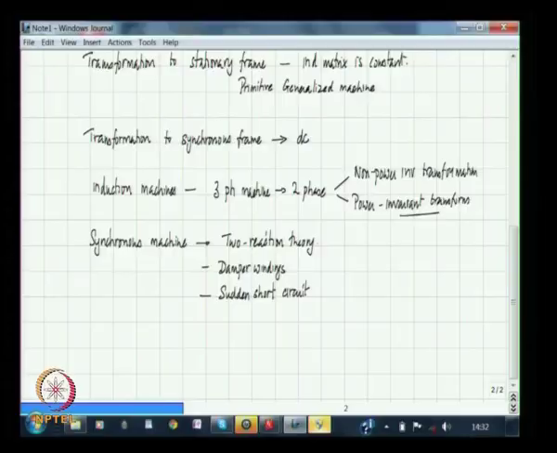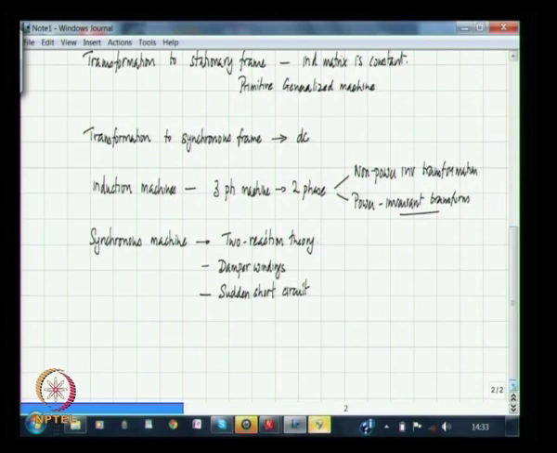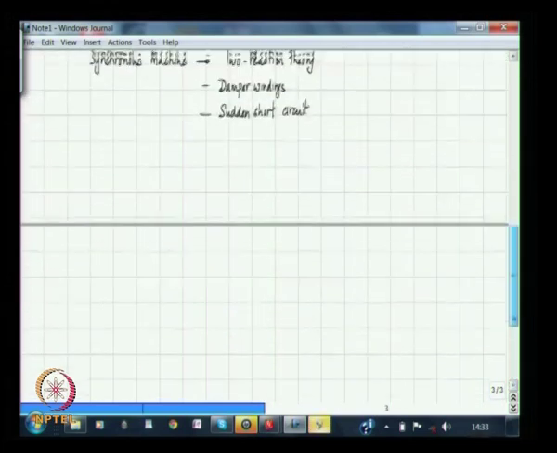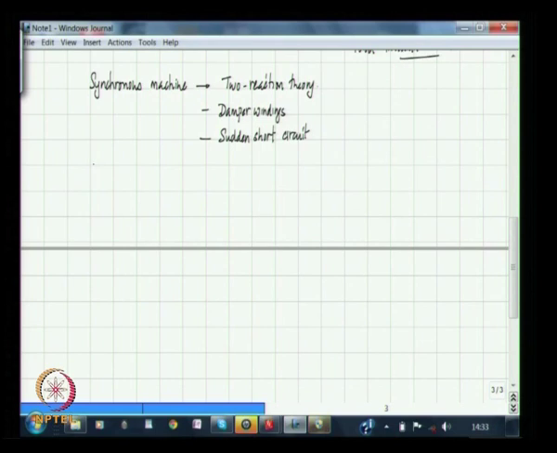Now all this we have done. Where do we go from here next? Now as far as the machine equations are concerned, in the case of induction machines we had used these terms: the stator resistance and the stator inductance, the rotor inductance, rotor resistance.